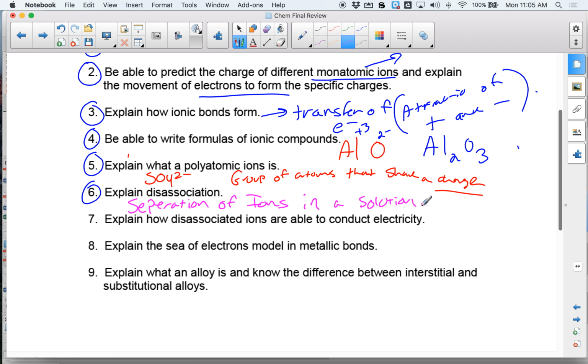Acids are, by definition, ionic compounds. So if we take this aluminum and this oxygen, and assuming it's soluble in water, if we stick this in water, the water molecules will tear apart the ions. And then we will have a bunch of Al+3 and O2- floating around in the solution. As a compound themselves, there's no charge. These things balance each other out. But when they get disassociated, then the ions separate.